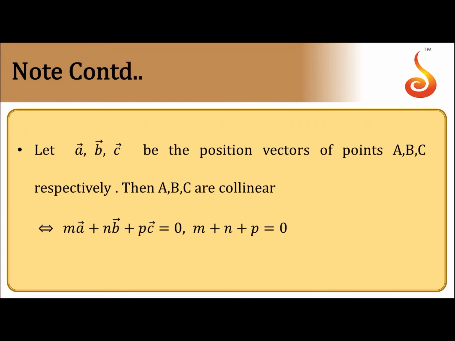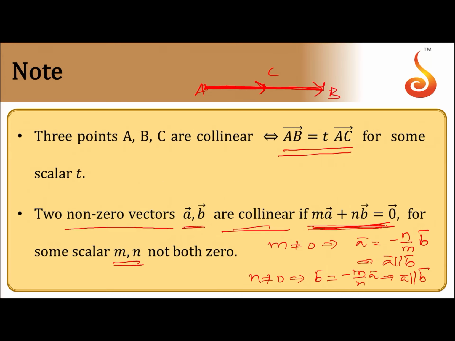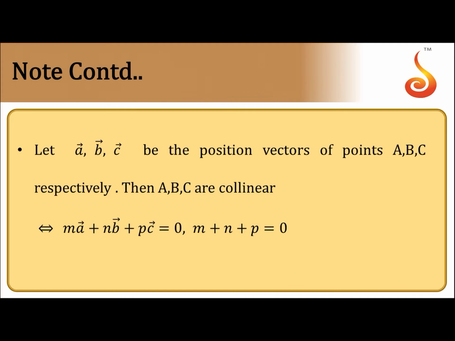But the question can also bring in one more concept here: what if a, b are non-collinear? Non-collinear means two vectors which are not collinear. In such a case, m has to be 0 and n has to be 0. I'll explain that later.